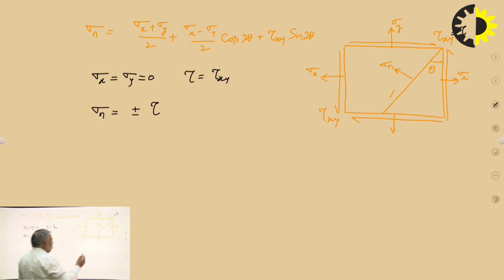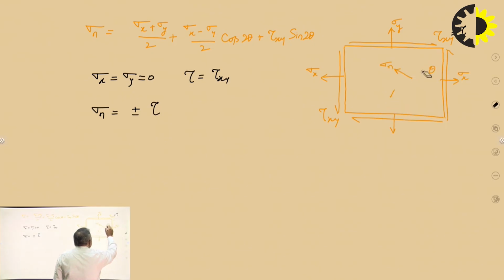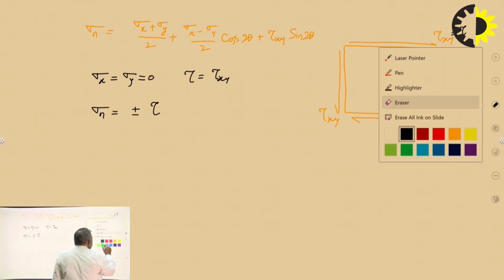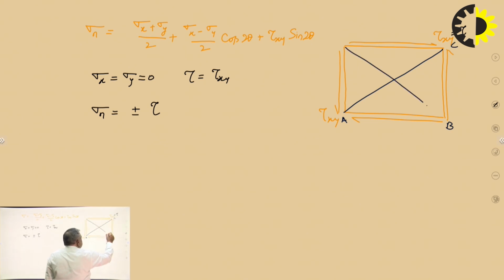So if you want to get the stresses along the diagonal, I release this, it is subjected to only pure shear. So this is the pure shear, and this is one diagonal A, B, C, and this is another diagonal.